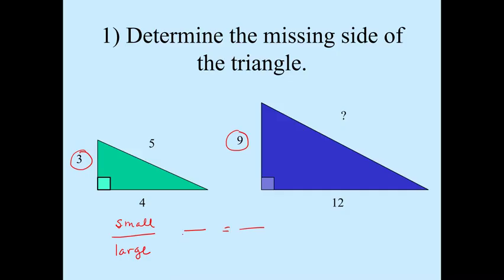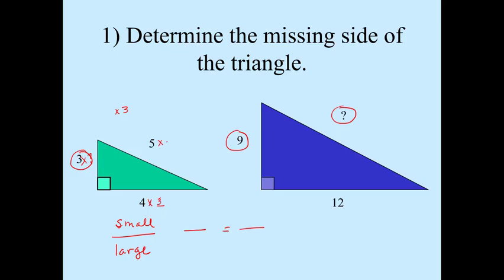Now, we can do it this way, or we can do it a quick way and find this answer. Let's just test them both out. 3 times what is going to get you to 9? 3, right? So you might be timesing by 3. Let's check this out. 4 times what is going to get you to 12? 3 again.